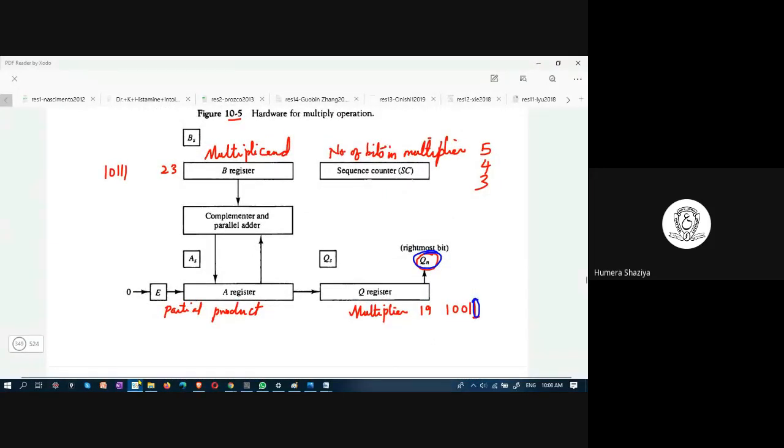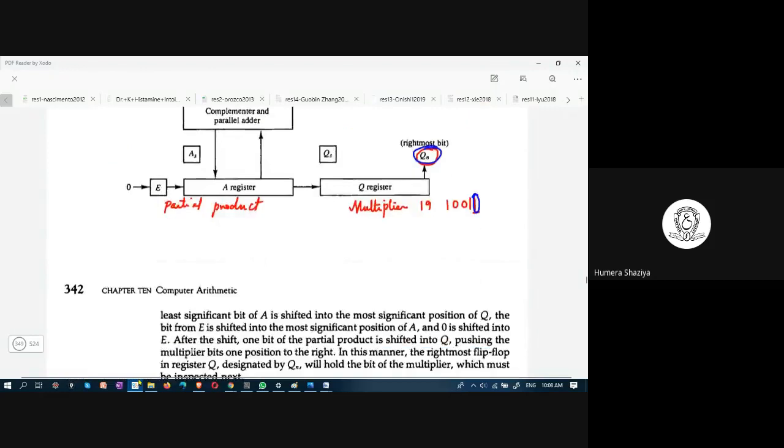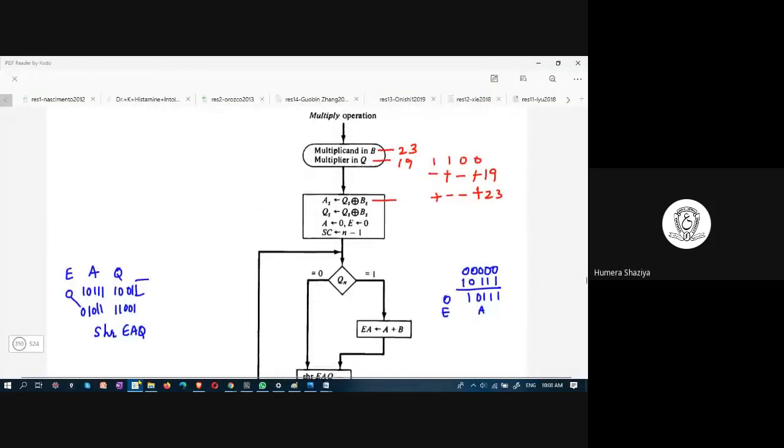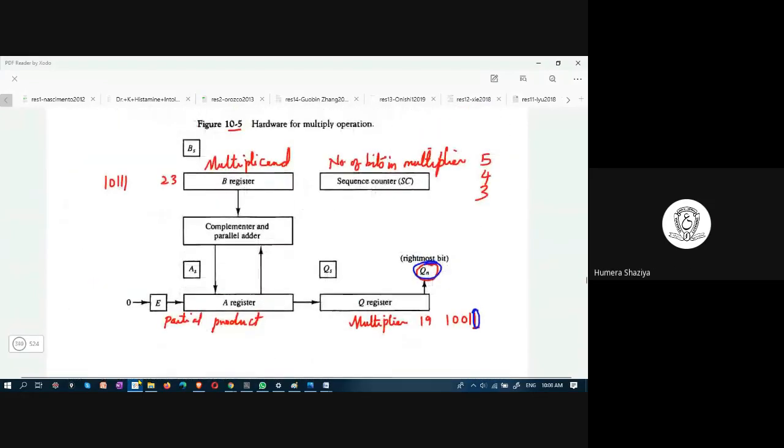Will anyone tell me about this hardware? What is this hardware? This flowchart? Hardware implementation of multiplication.